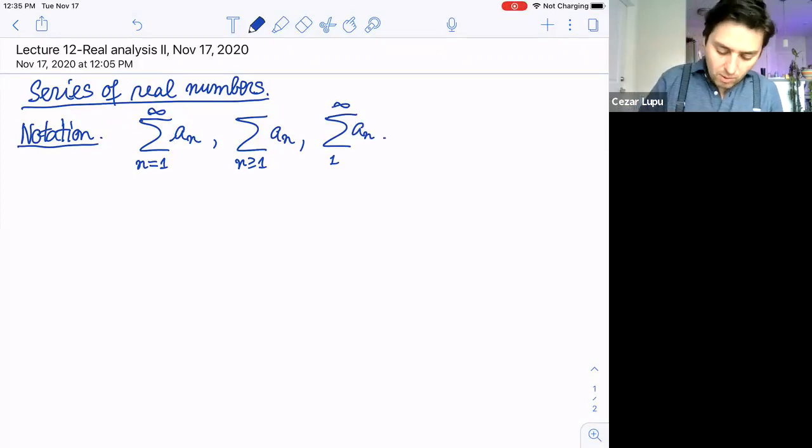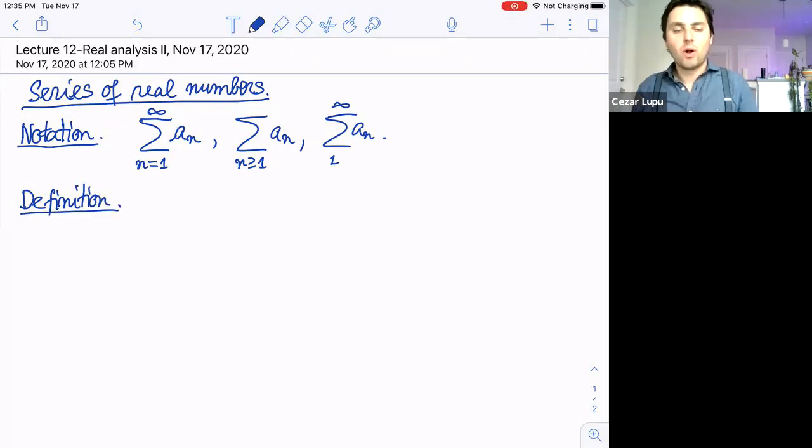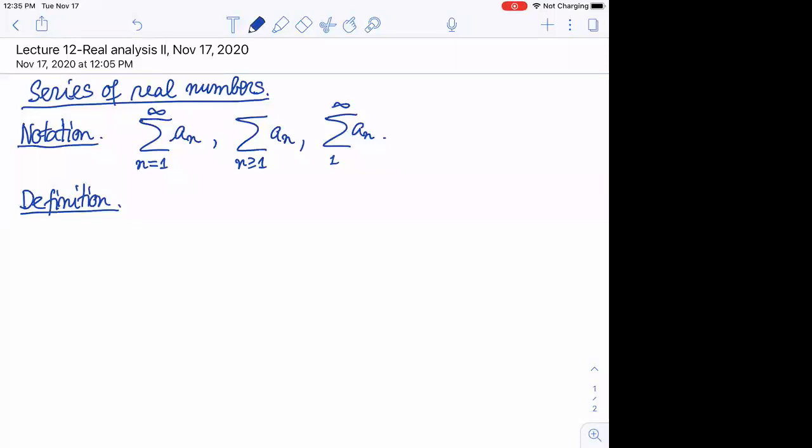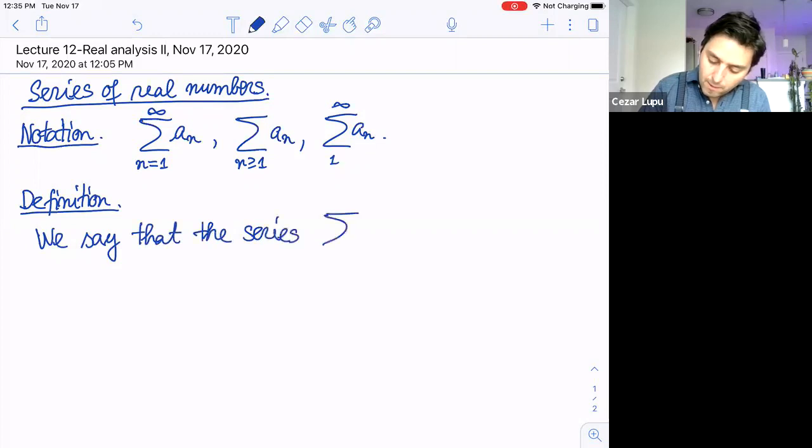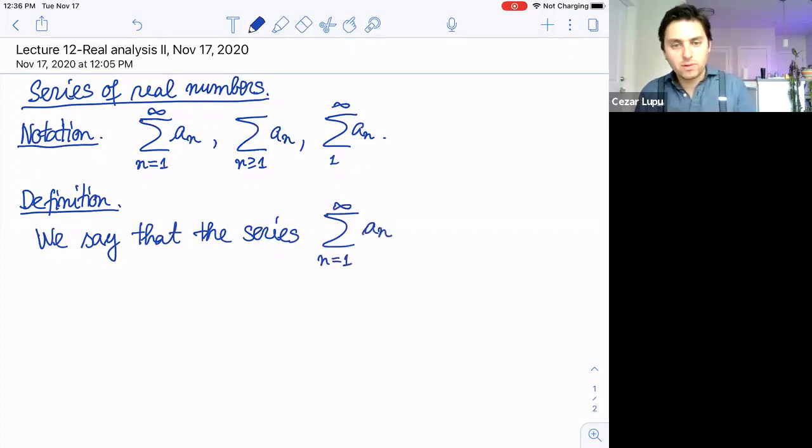And now let me just recall quickly the definition. You will see that the series will also involve the convergence of a sequence, but not the sequence an, but the sequence of the partial sums. I believe you learned this in calculus 2, where you dealt with series.